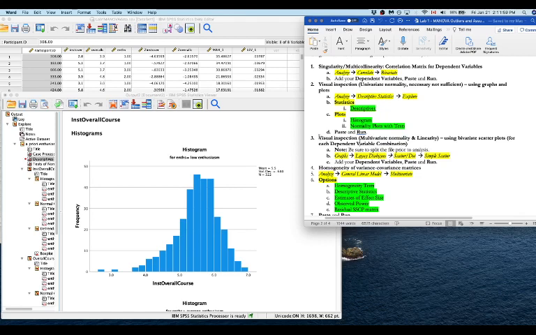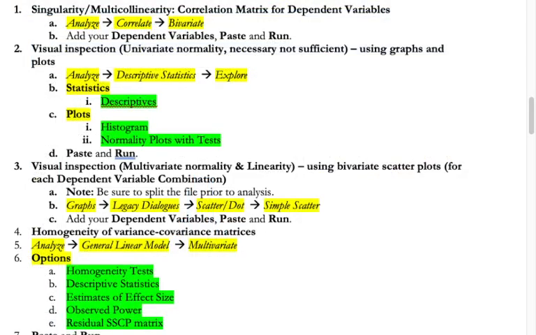Okay, so this is for univariate normality, which is necessary but not sufficient for multivariate normality.